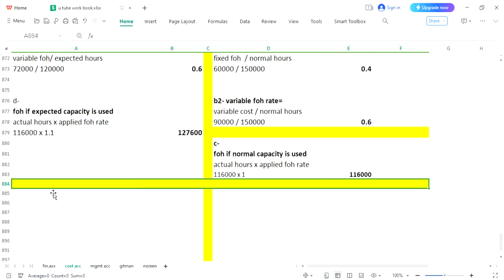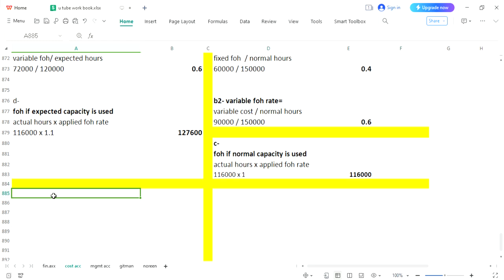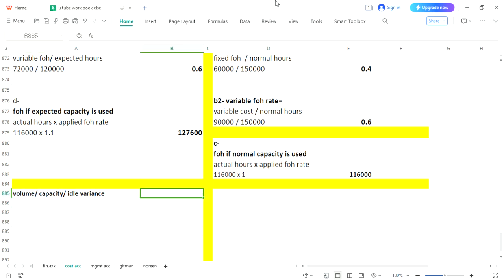So volume variance, idle capacity. As you know, our third variance was the volume, or capacity, or idle variance. We will calculate it according to expected capacity.